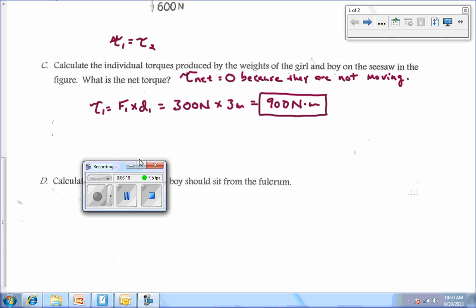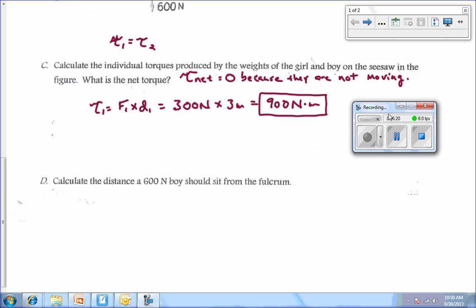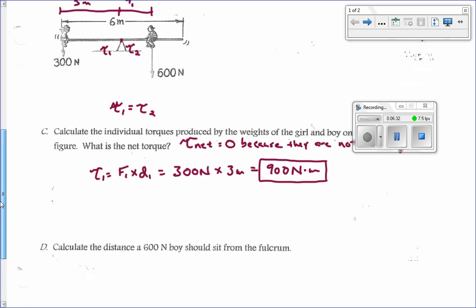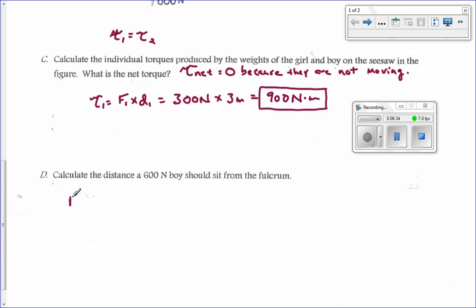And then example D continues this problem. Calculate the distance a 600 newton boy should sit from the fulcrum. So now we're looking for this unknown distance. Force 1 times distance 1 is equal to force 2 times distance 2.